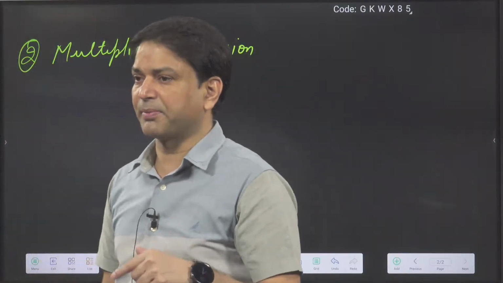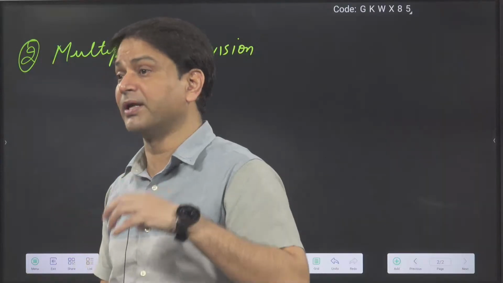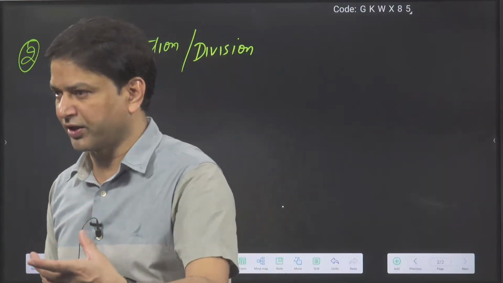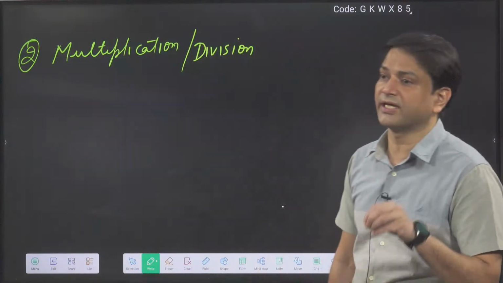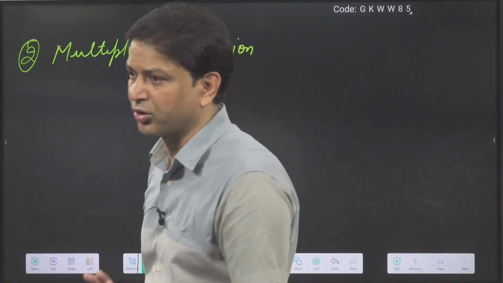Again, I am repeating, in the case of addition and subtraction, we are checking for the decimal place. We are taking the minimum decimal place. But in multiplication and division, we are directly checking the significant figure. Everybody got or not?